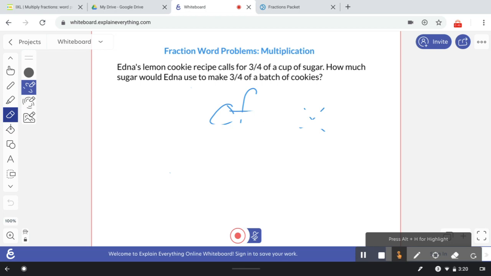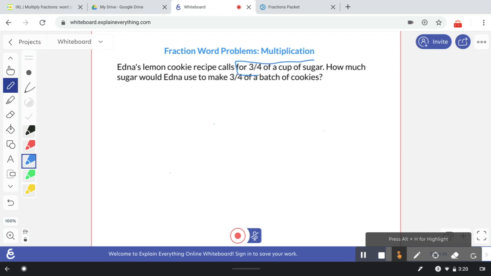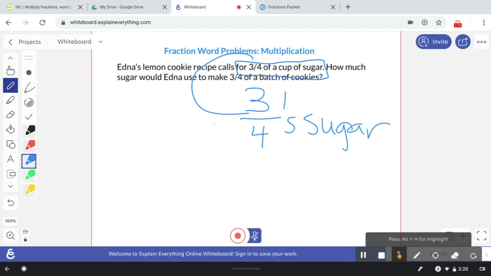So where it can get really confusing with a word problem is, looking quickly at the problem above, it says 3/4 of a cup of sugar. If I can easily say 3/4 sugar, then this is just talking about the unit.